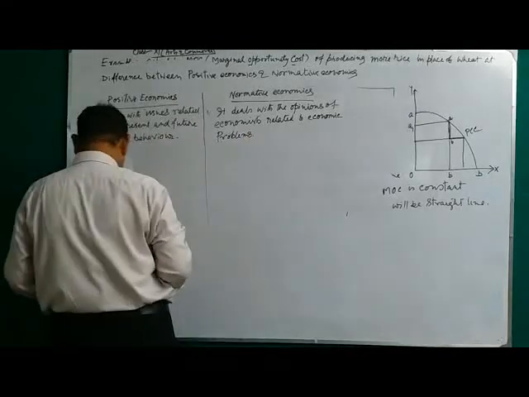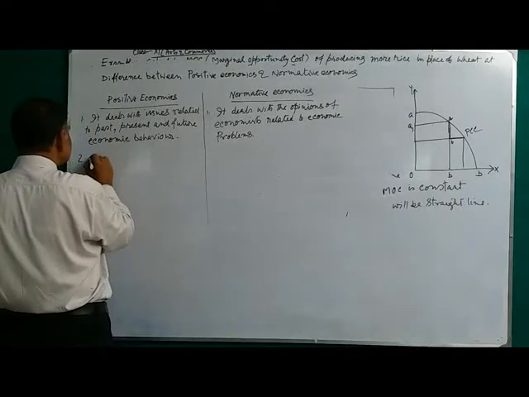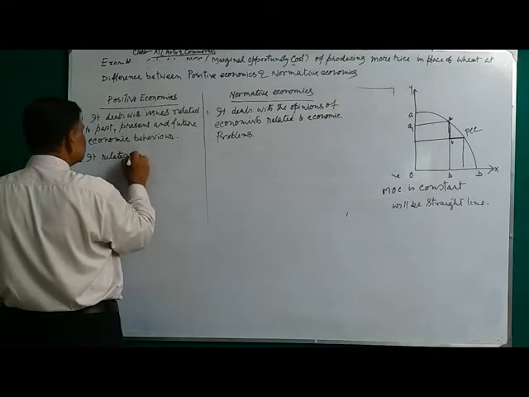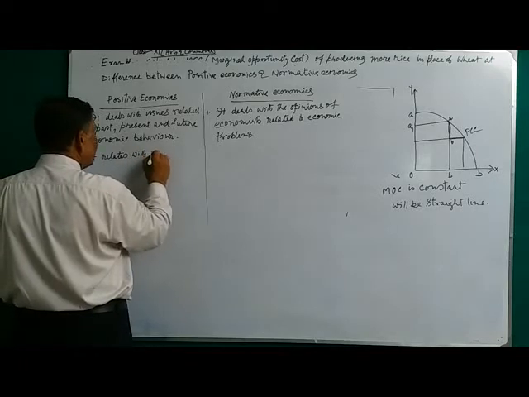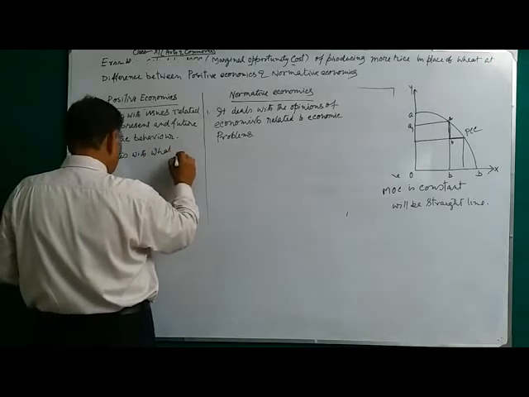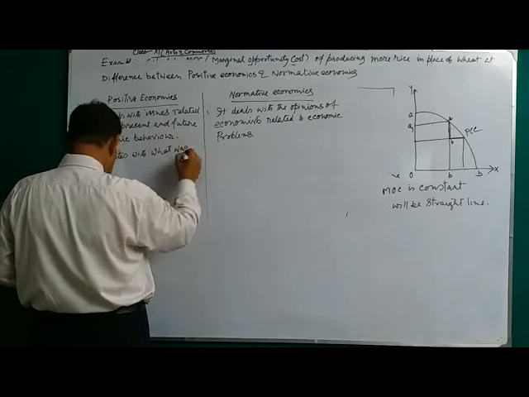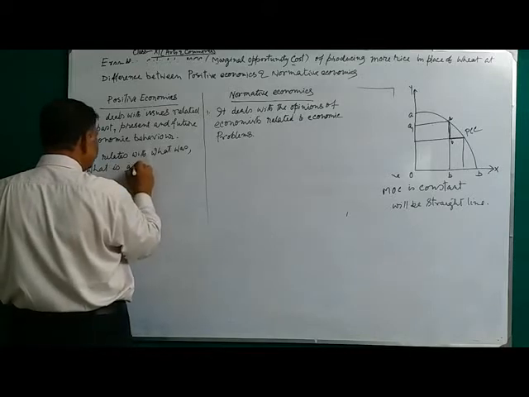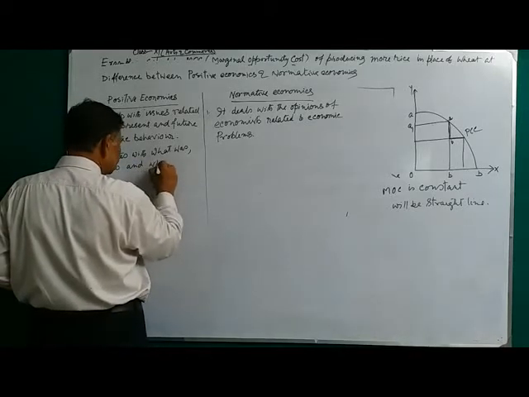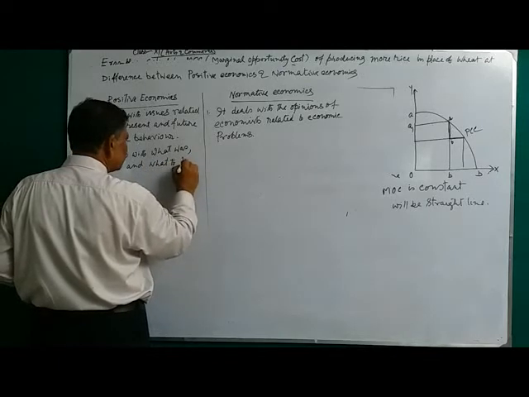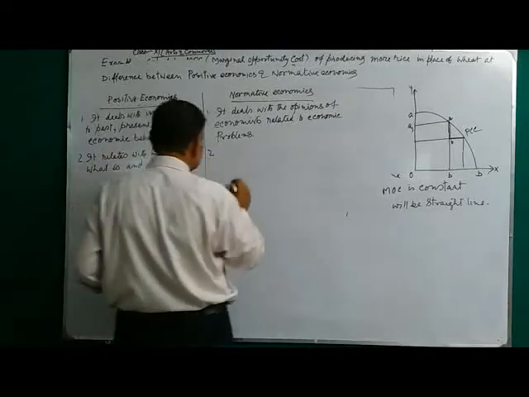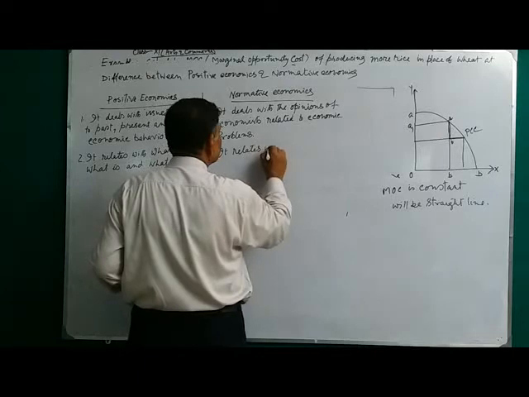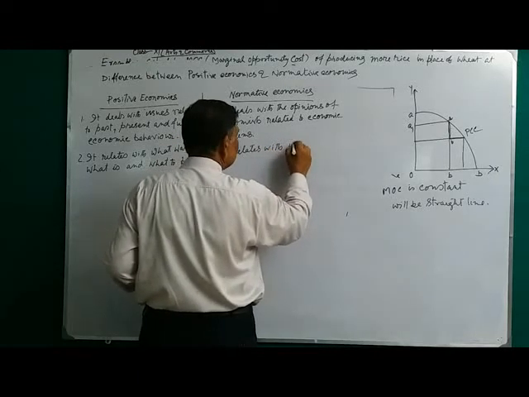Number two, positive economics relates with what was, what is, and what to be. Normative economics relates with what should be.